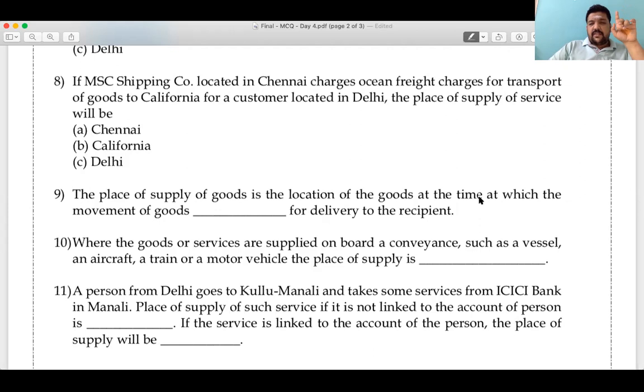Vaishnavi K, check your answer. Sai Subramaniam, check your answer. Rest all, whoever answered or are right till now. Quick.